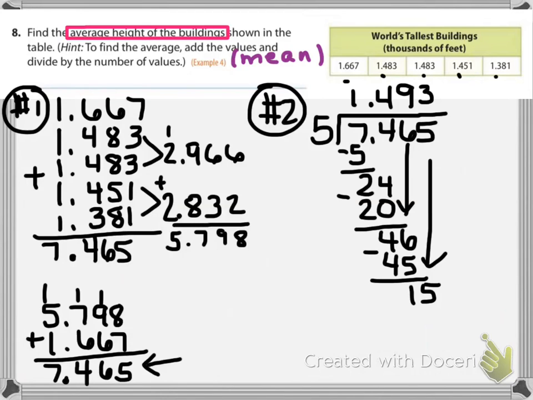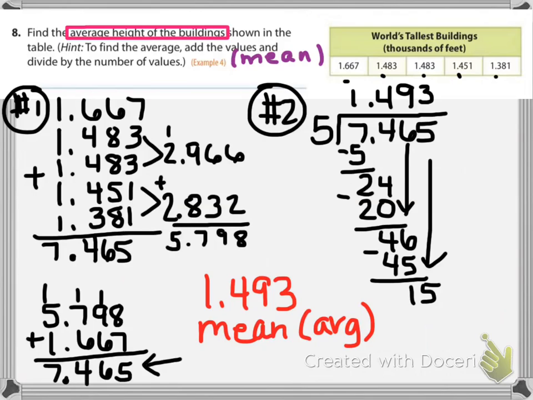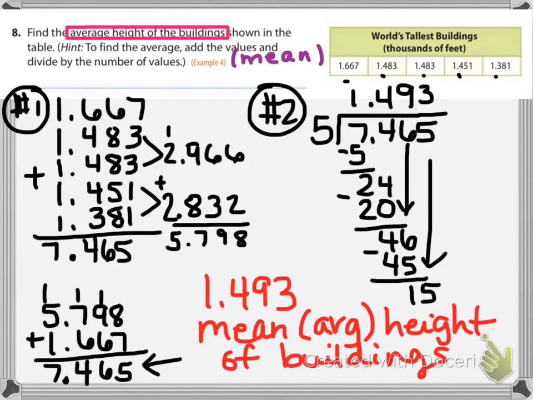Alright, so you can see my steps for the division in finding the mean. So the answer here would be 1 and 493 thousandths is the mean, or the average, height of the buildings in the table for this problem.